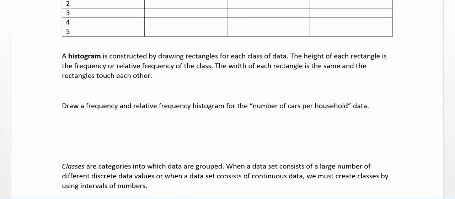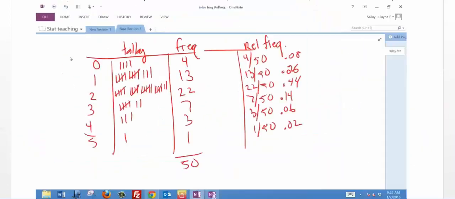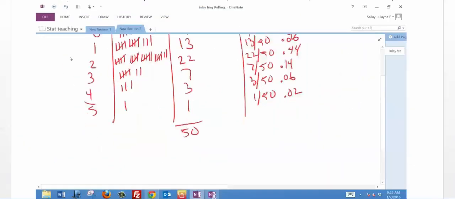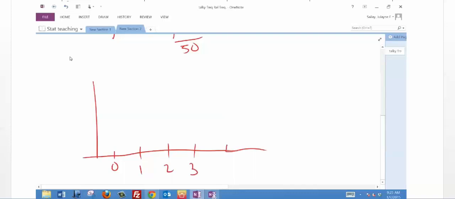Okay, so what we're going to do then, let me get up my little drawing pad here, and I'm going to make it a little bit bigger. Okay, so what I want to do for a histogram is set it up like a bar graph to start off with: 0, 1, 2, 3, 4, and 5.